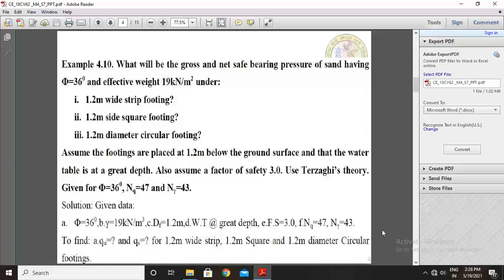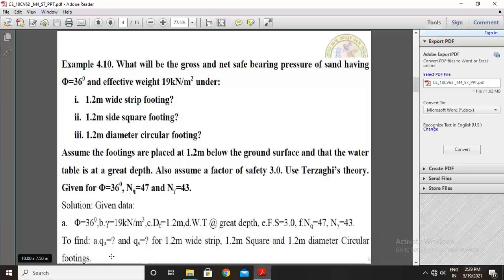Solution. What are the given data in this problem? Phi is 36 degrees, gamma is 19 kilonewton per cubic meter, Df is 1.2 meter, water table at great depth, factor of safety is 3.0, Nq is 47, N gamma is 43.